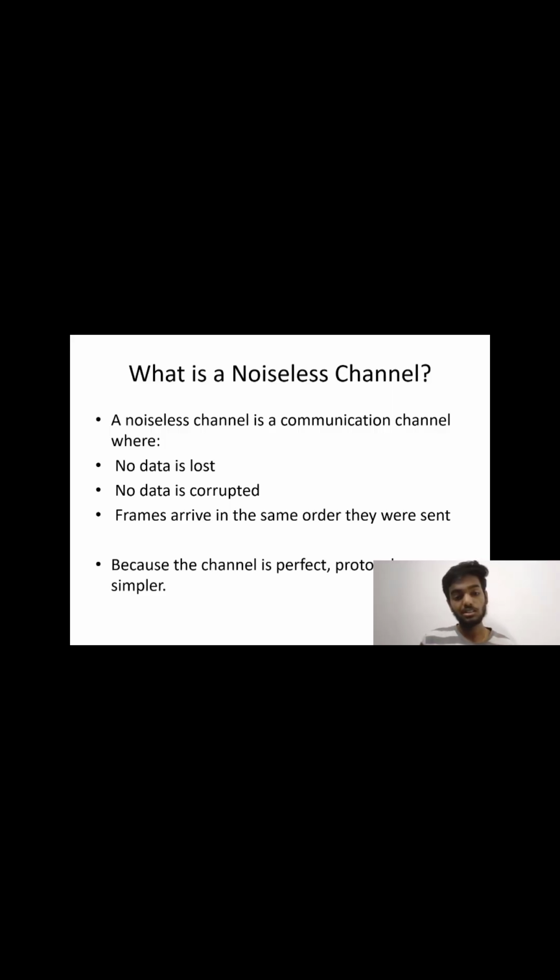The protocols are simpler and easier to work with compared to noisy channels, where there will be a set of parameters that affect the communication. Whereas in a noiseless channel, it is completely perfect so we can neglect all those external factors.